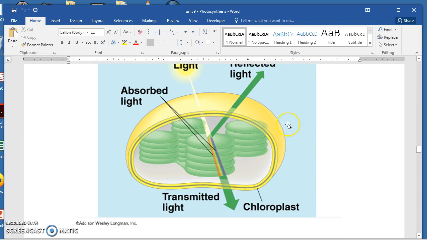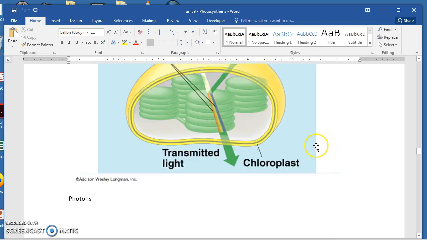The visible light is a kinetic energy, and when the kinetic energy in the form of light is picked up, it's used to break down water and to form ATP and NADPH. Then it becomes a potential energy, an energy of position, stored in the bonds of the atoms and the molecules.